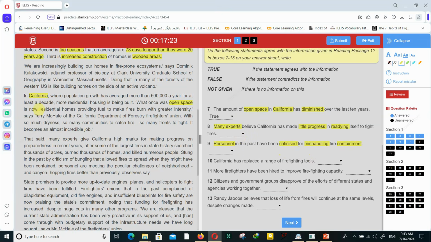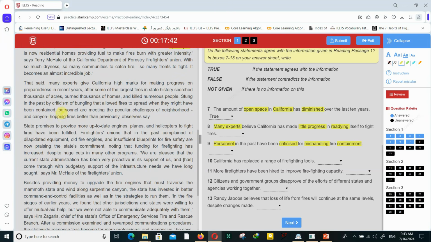Okay, where were we? Here. Says Terry McCord of the California Department of, with so much dryness, so many communities to catch fire, so many fronts to fight, it becomes an almost incredible job. That said, many experts give California high marks for making progress on preparedness.